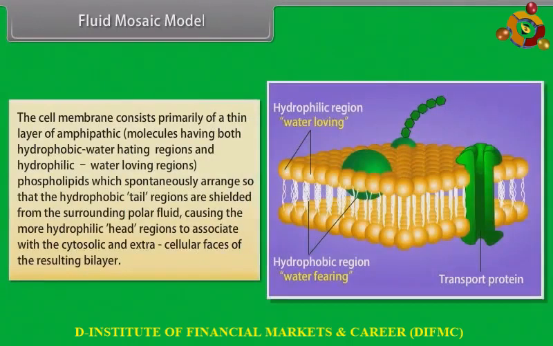The cell membrane consists primarily of thin layer of amphipathic molecules having both hydrophobic, water-hating regions and hydrophilic, water-loving regions, phospholipids, which spontaneously arrange so that the hydrophobic tail regions are shielded from the surrounding polar fluid, causing the more hydrophilic head regions to associate with the cytosolic and extracellular phases of the resulting bilayer.